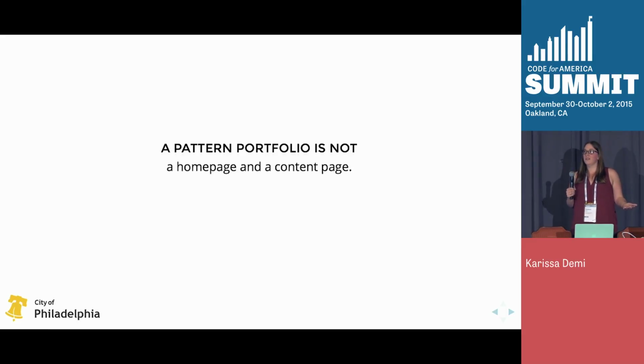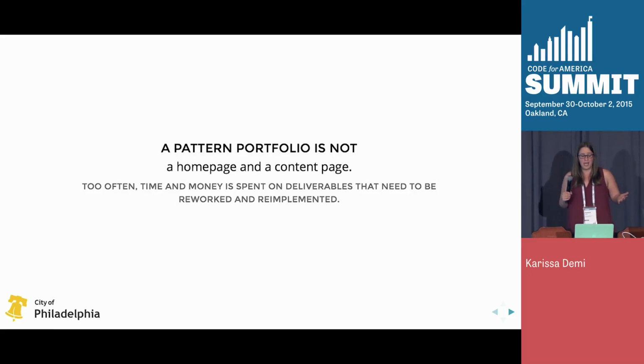And so too much time and money is wasted on extrapolating and figuring out how to use deliverables that really can't be modified elsewhere, really can't be used anywhere else. So you're spending a lot of time looking at markup that exists and reworking it, and looking at CSS that exists and reworking it to apply to your particular use case.